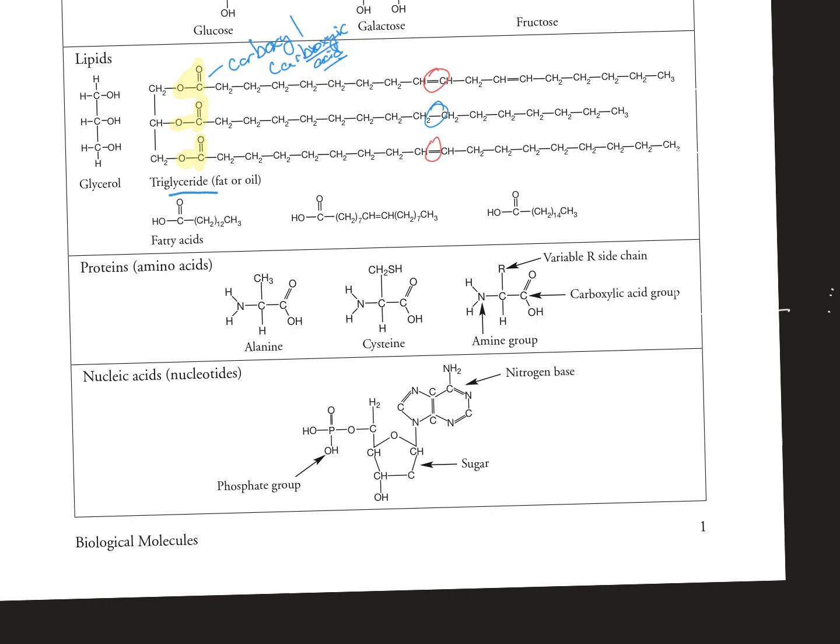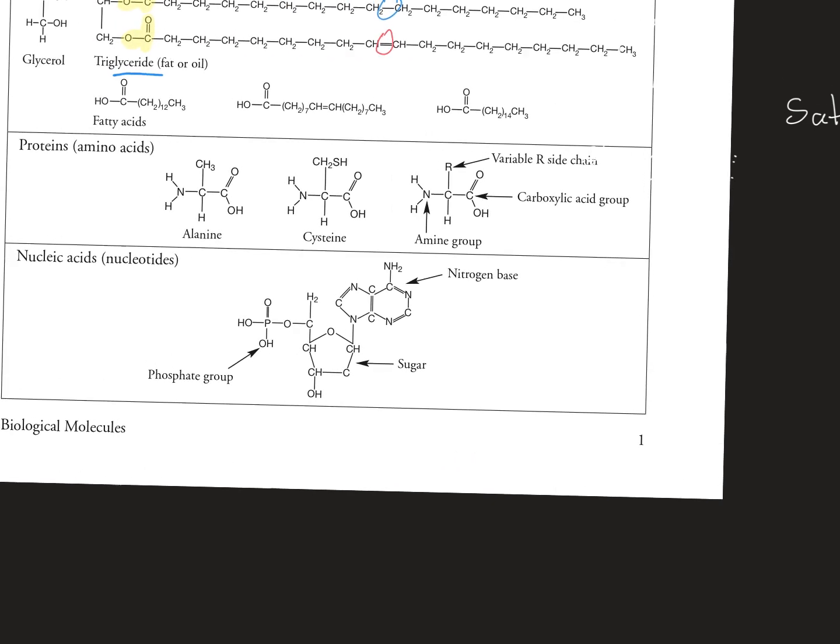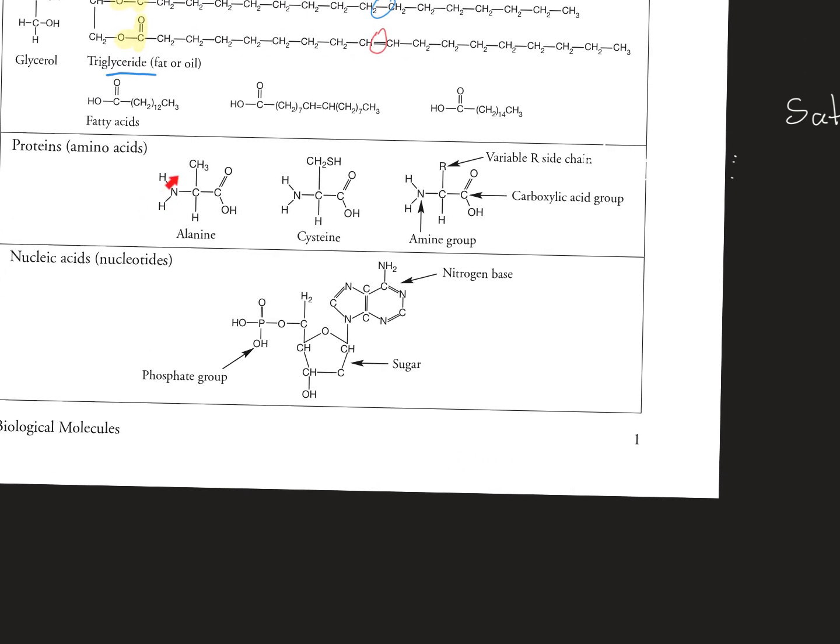Now, proteins are made of amino groups, and this is a drawing of an amino group. The amino group is here. I'm going to identify, here's Waldo. There's an amino group. There's an amino group. There's an amino group. And it says amine group. I'm sorry, amine group. What's on the other side?